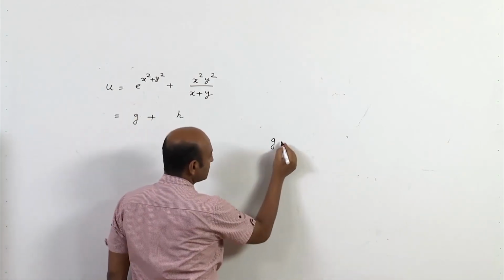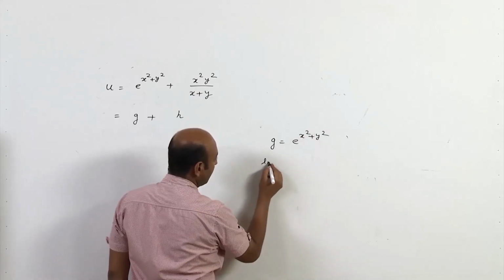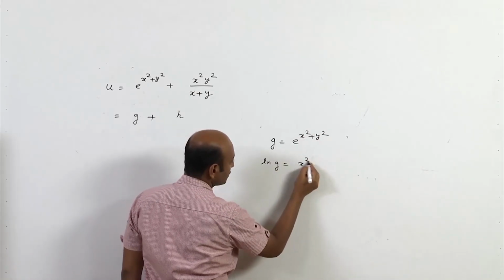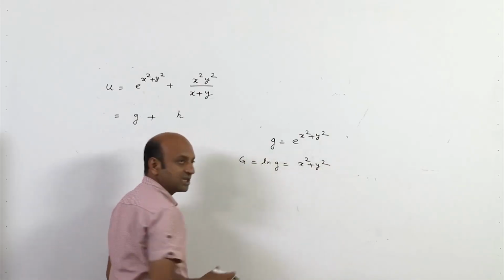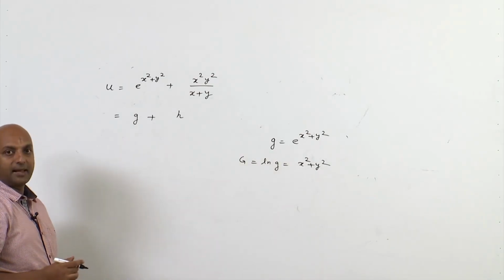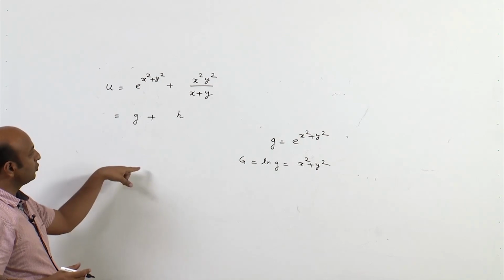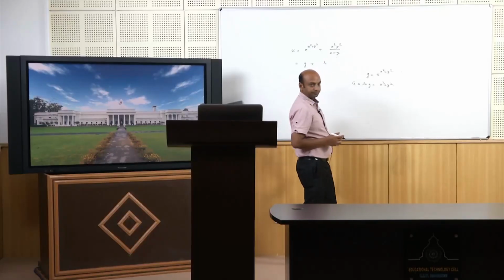So, g is e raised to power x square plus y square. So, you can make ln of g is equal to x square plus y square. Now, this capital G is a homogeneous function of degree 2. So, now we can apply the consequence of Euler's theorem on capital G and h.